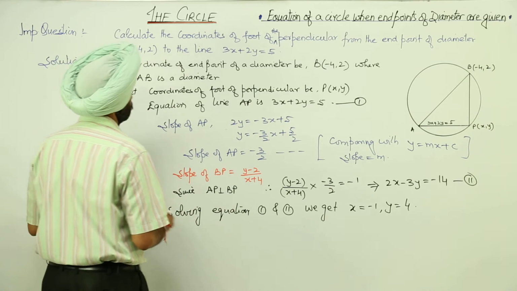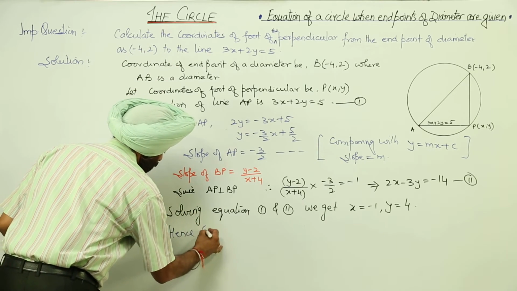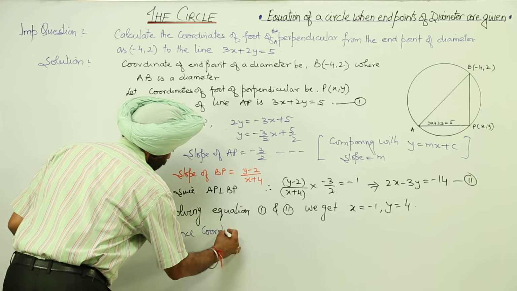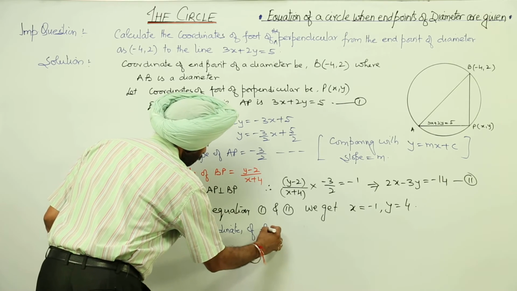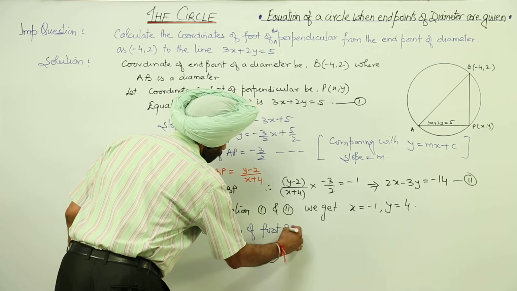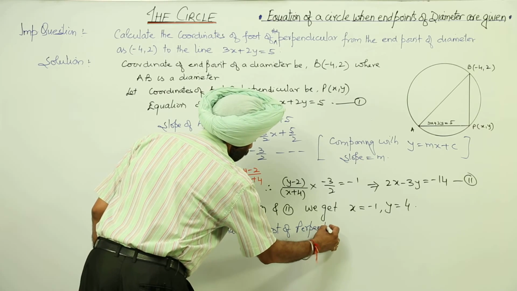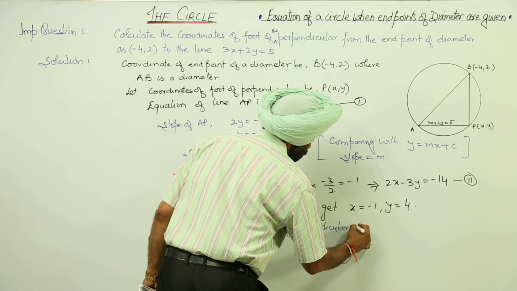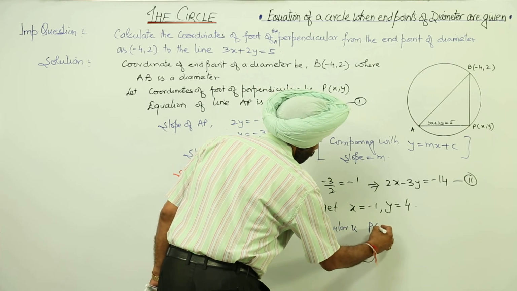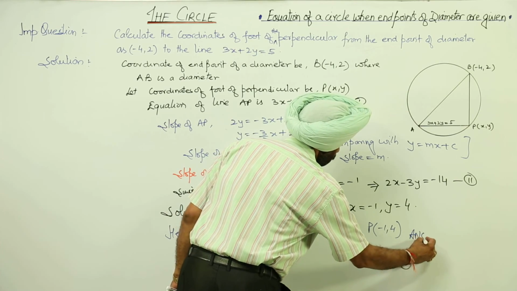Hence, the coordinates of the foot of perpendicular is P(-1, 4). Answer.